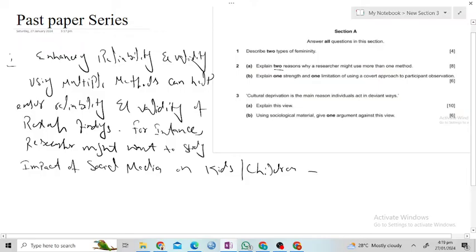In fact, the most appropriate word is adolescents. This is a phase between childhood and adulthood.